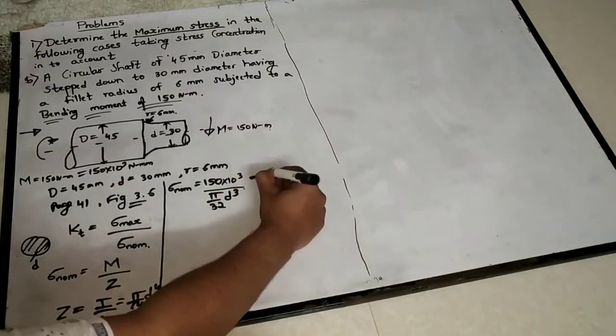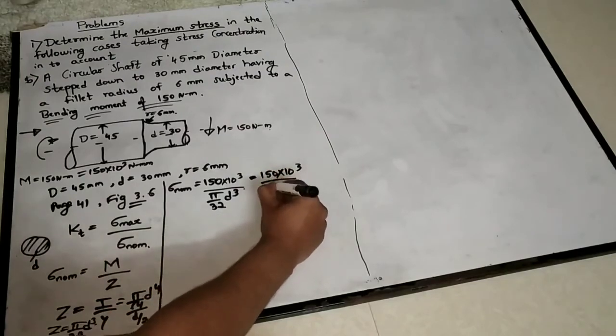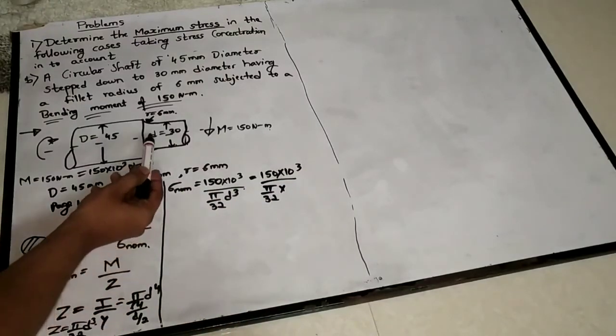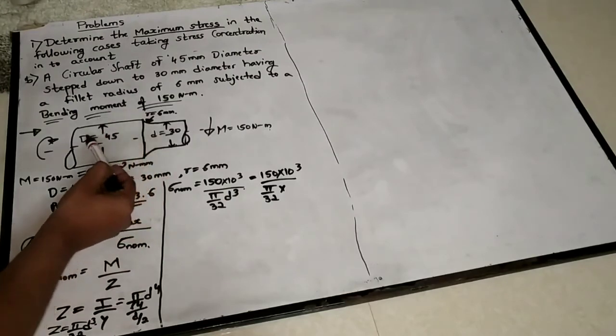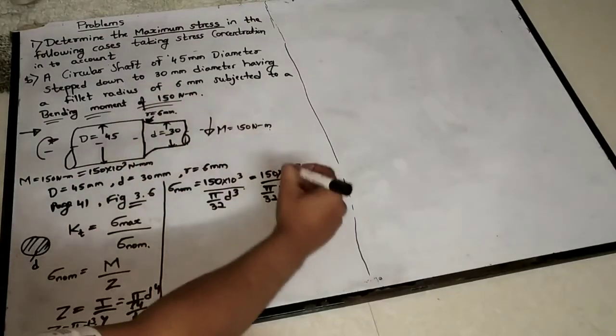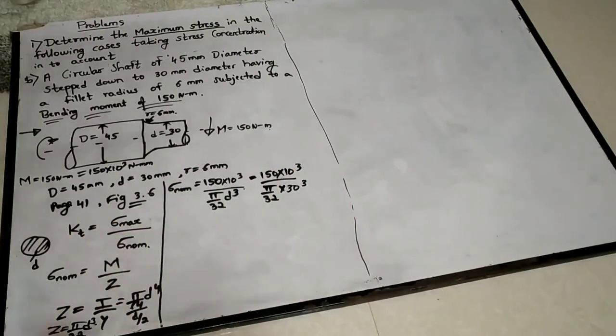Now very important. But here what is the diameter? Whether you are taking the small d value or this D value? Yes, answer: you are taking the small d value, 30. Why? Remember, you are designing for a critical section. Critical section means minimum cross-sectional area.